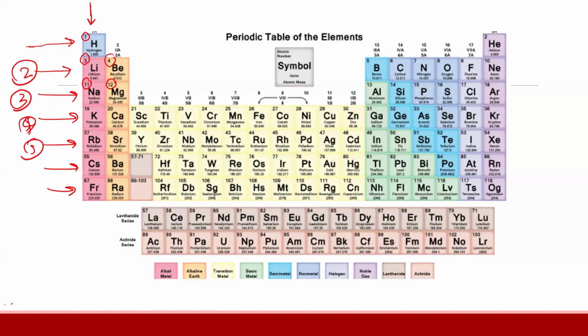And the column number says how many electrons are in the outermost shell. So that would be those numbers 1, 2, 3, 4. Like on top of titanium, there's 4.